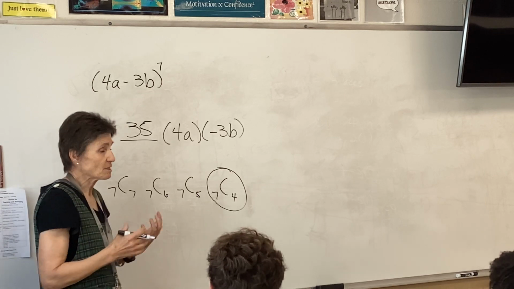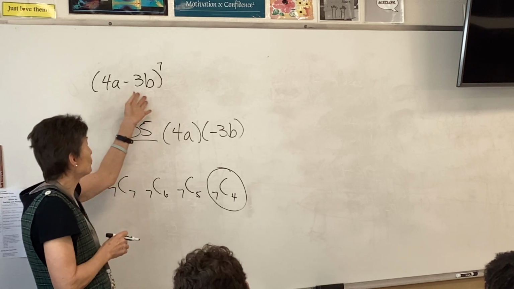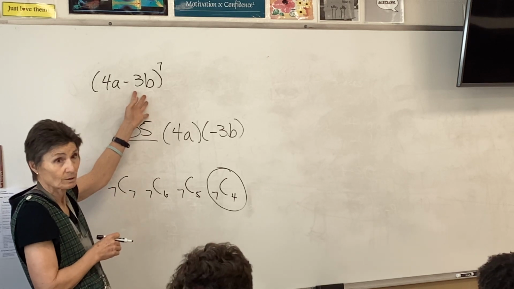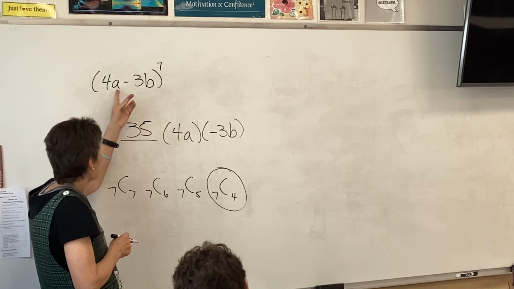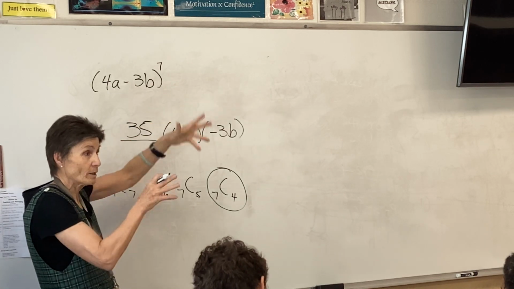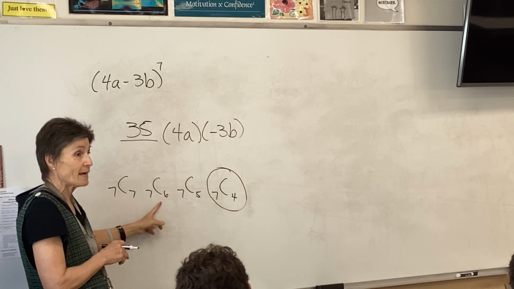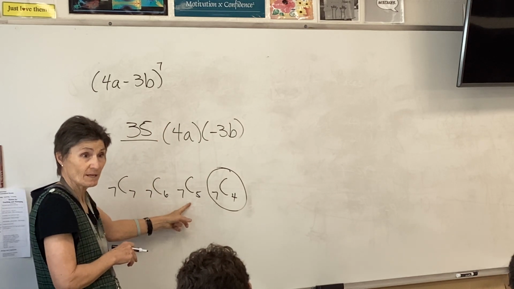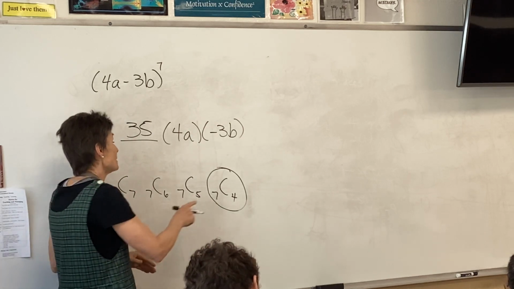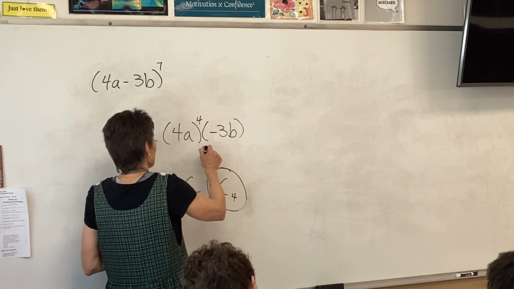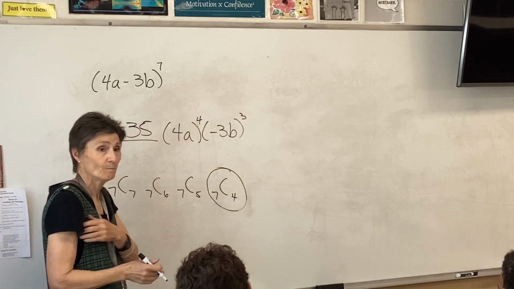Now I get my exponents by also counting, because if I were to multiply this whole thing out, the first term would be a to the 7th. Foil, foil, foil, foil, a to the 7th. Here it would be a to the 6th, 5th, 4th. I'm doing exactly the same counting I just did. So that's a 4, and this one has to be a 3, because they have to add up to 7.